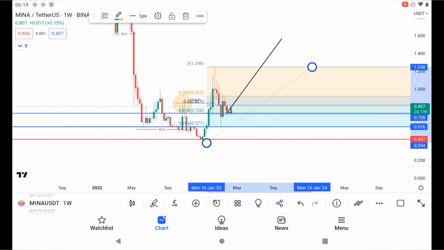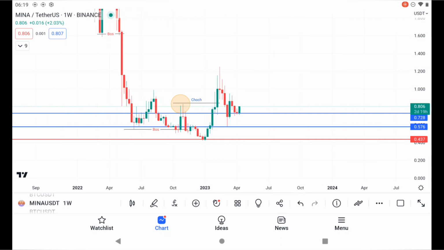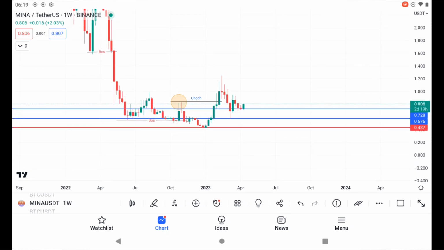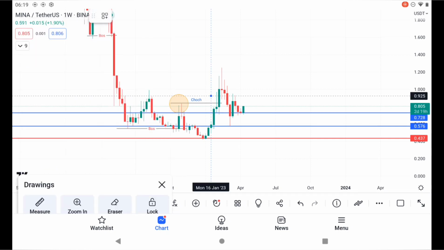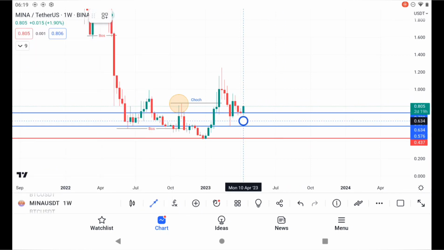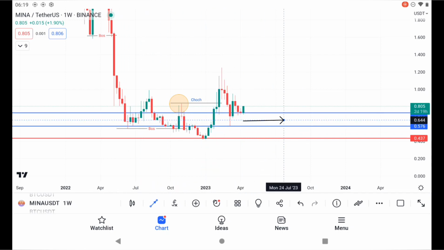Then take out the Fibonacci 2. Do you see what I've done? Amazing. Now, this zone right here will now be our support level.